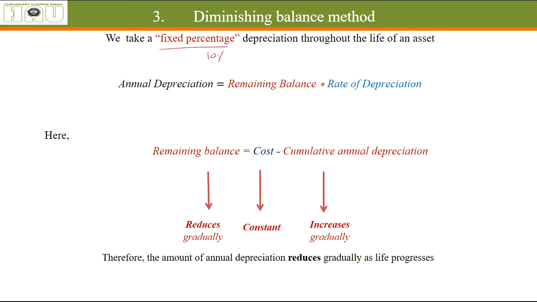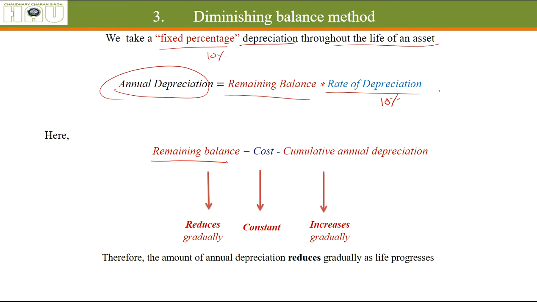Fixed percentage, say 10% depreciation throughout the life, every year 10% depreciation, but the amount of annual depreciation is calculated as remaining balance into rate of depreciation, that is 10%, or it can be anything. Remaining balance is the cost at which we purchased it minus cumulative annual depreciation, that is the annual depreciation till now.